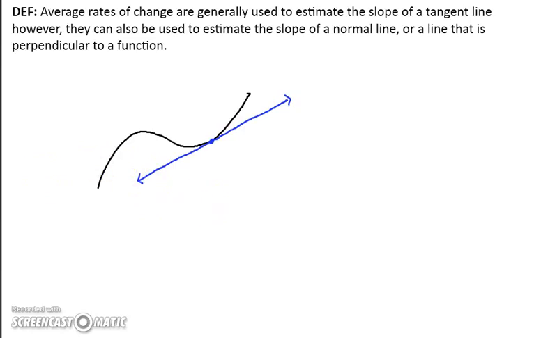And then a normal line would be the line that's perpendicular to that tangent line. So if we can use average rates of change to estimate the slope of the tangent line, we can also use average rates of change to find the slope of the normal line. So let's look at an example, and then we will finish up this video.